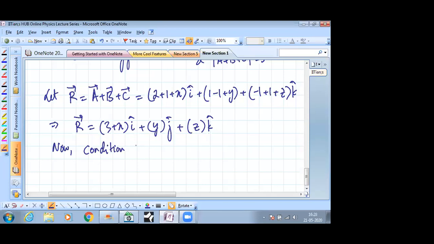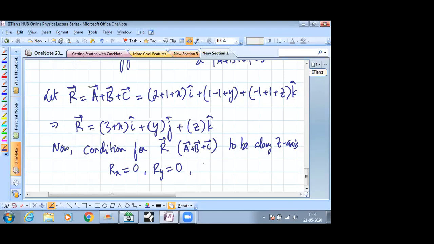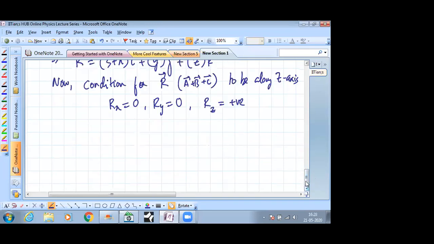The condition for the resultant vector, the sum of a plus b plus c, to be along the z axis is that Rx should be 0, Ry should be 0. And if I'm saying along the z axis, I mean the positive z axis, and the z component should be positive.